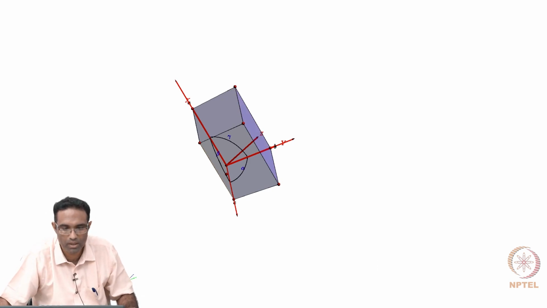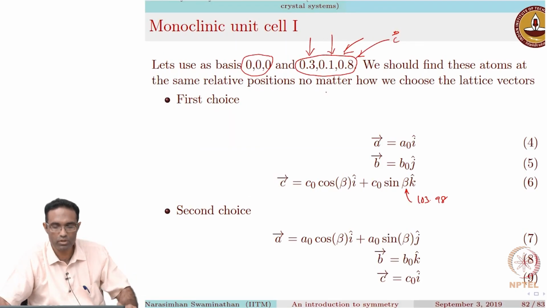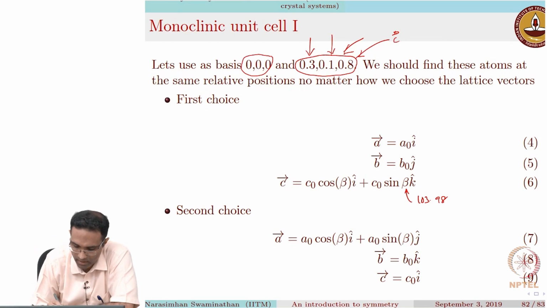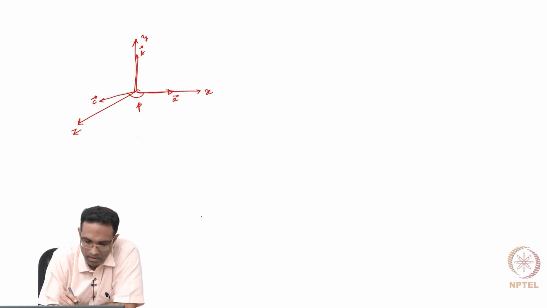Now similarly, in figure 2, I have used a different choice of the lattice vectors. In this case, I have made the A vector lie in the xy plane, with an A cos beta component. This is still z.